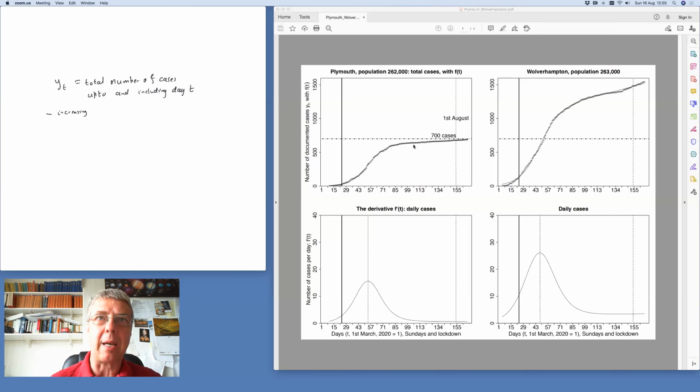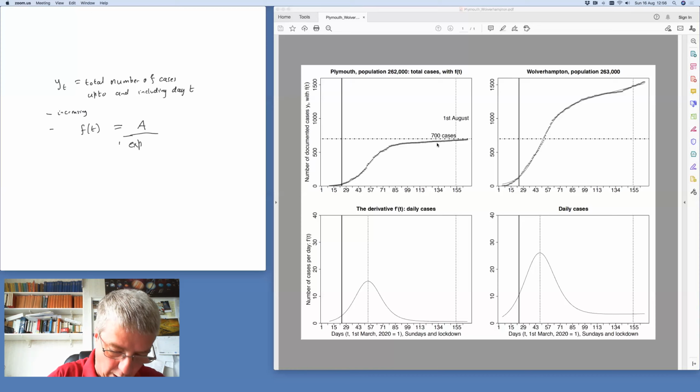And this black curve here is based on the function f(t), which takes the form a over 1 plus exp minus t. In this formula, a is a positive constant.